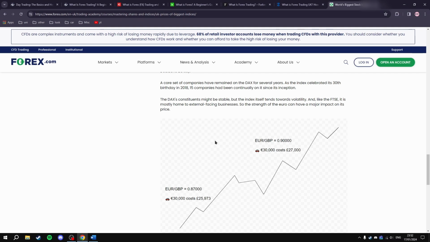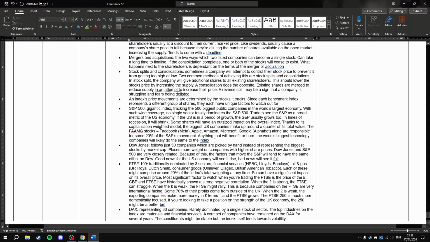And like the FTSE, it is mostly home to external-facing businesses.